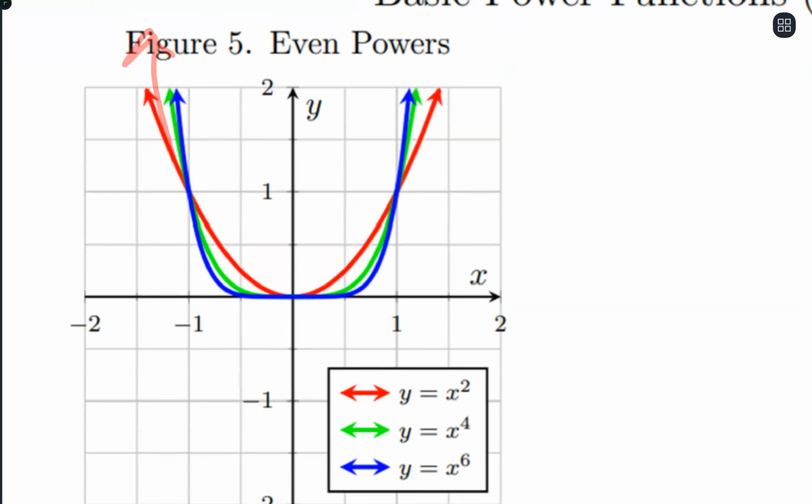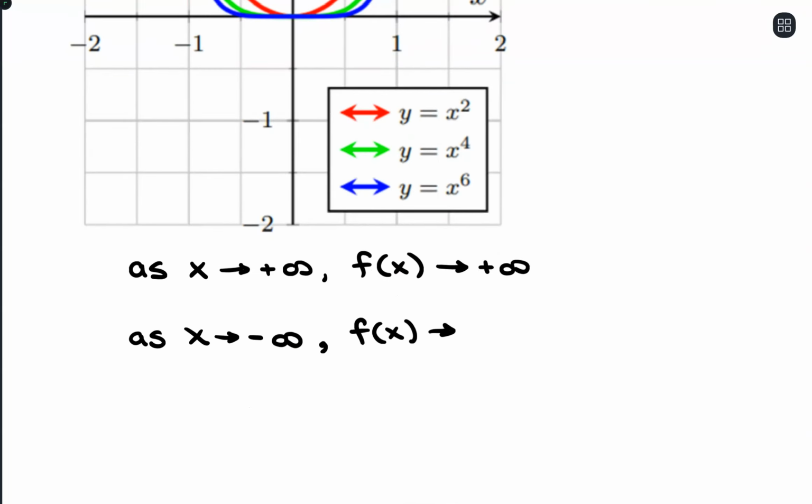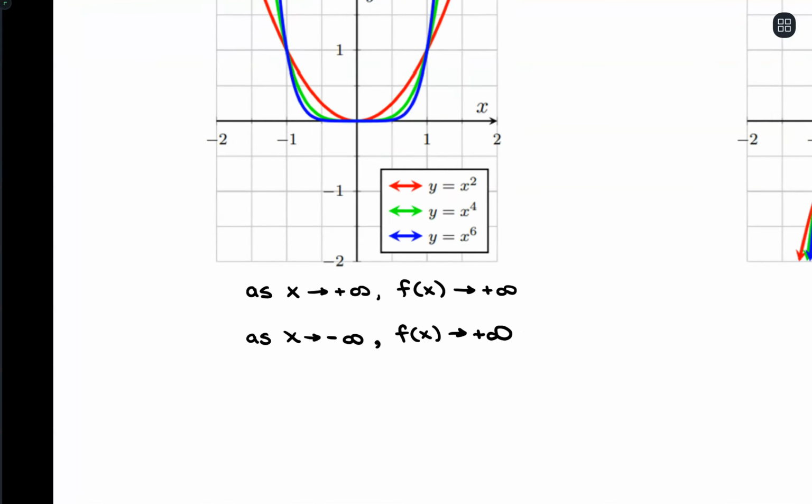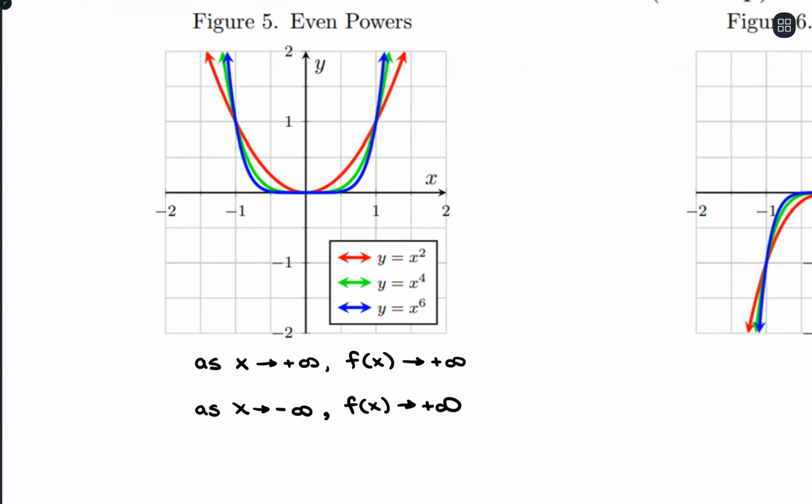With these arrows going off to positive infinity, that tells me that my function values are going off to positive infinity. So with even powers, the long run behavior matches on both sides. In this case, on both sides of the graph, we're going off to positive infinity.